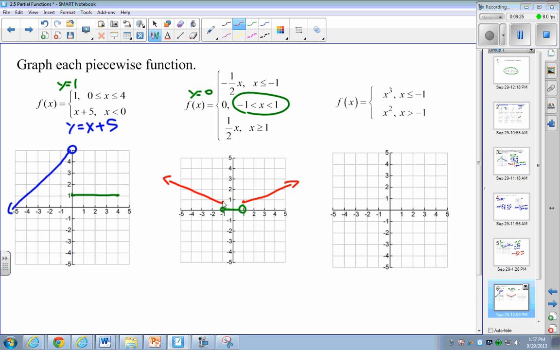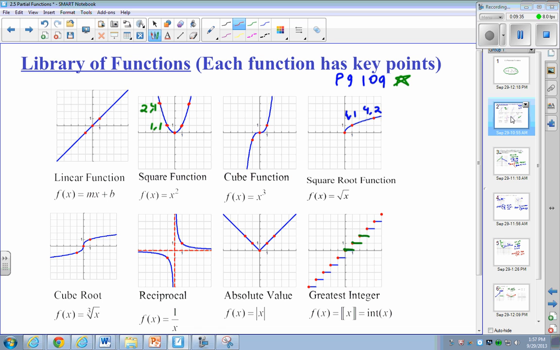All right, now let's look at this example. And here we're looking at 2 equations that are nonlinear. So here we have x cubed for anything less than or equal to -1. So we go to our parent functions, look at x cubed, and here's our -1 right here. And so our function is going to be looking just like that.